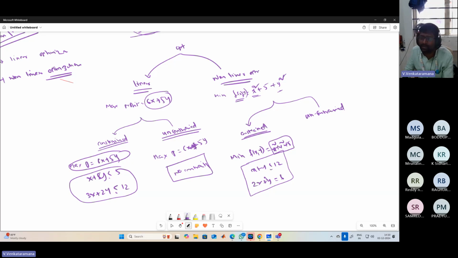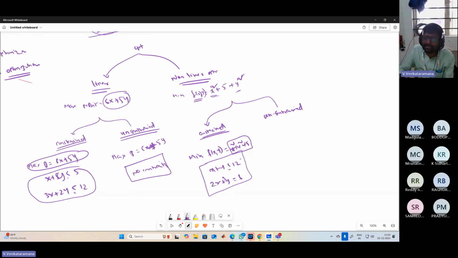And coming to the unconstrained, you have only the objective function. There are no constraints. Then it is an example of the unconstrained nonlinear optimization problem.